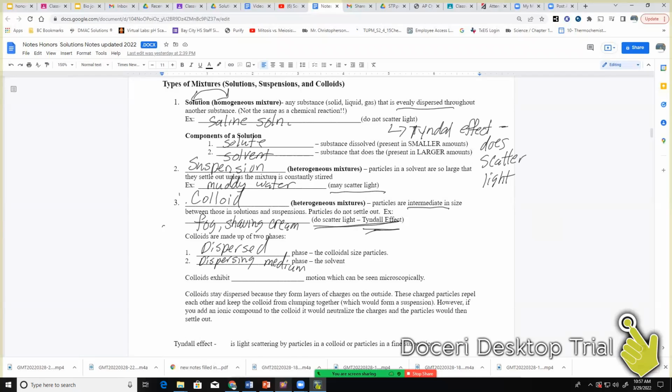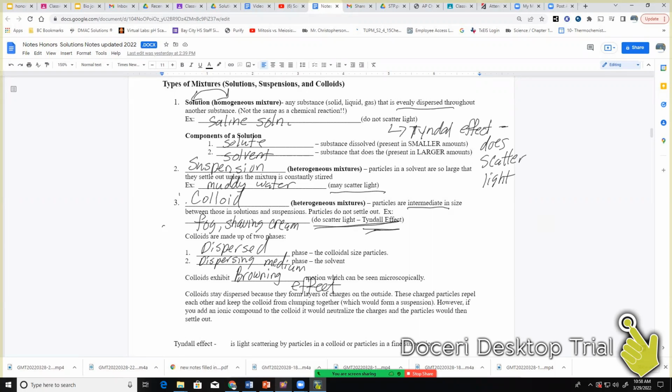So colloids also do something that's called the Brownian effect, which is the movement of the solute, but you can't just see it with your naked eye. You'd have to look under a microscope for that, but they're continually moving because they're not actually in solution, and they're also not at the bottom of the container.